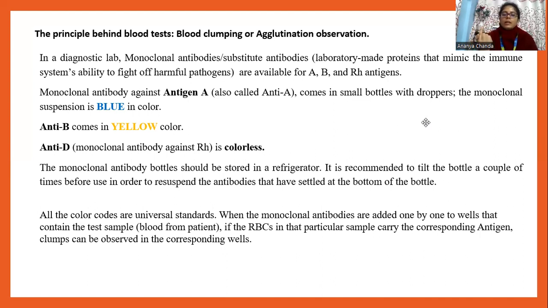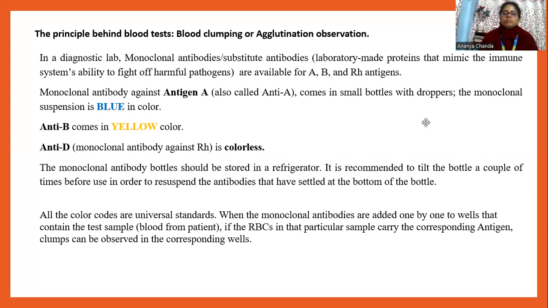The antibody against antigen A, also known as anti-A, comes in a small bottle with a dropper, and it is denoted with the universal blue color. Then comes the antibody B, for antigen B. It comes in a yellow color solution. And then comes the antibody D for the Rh antigen. It is generally a colorless solution.